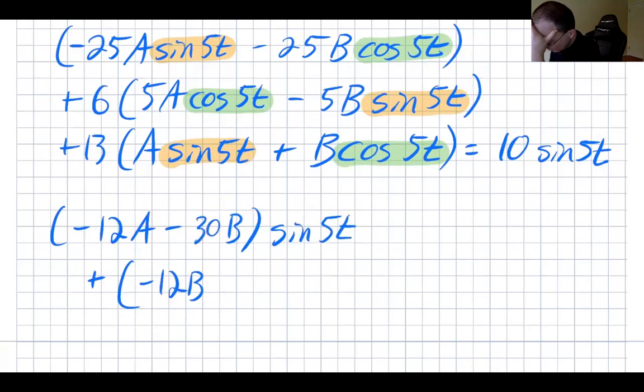Minus 30b, plus 30a cosine 5t. Okay, let me just stop for a second and verify this. Let's see. Yeah, negative 12a minus 30b, yeah, and negative 12b plus 30a. Okay, I think that's good.